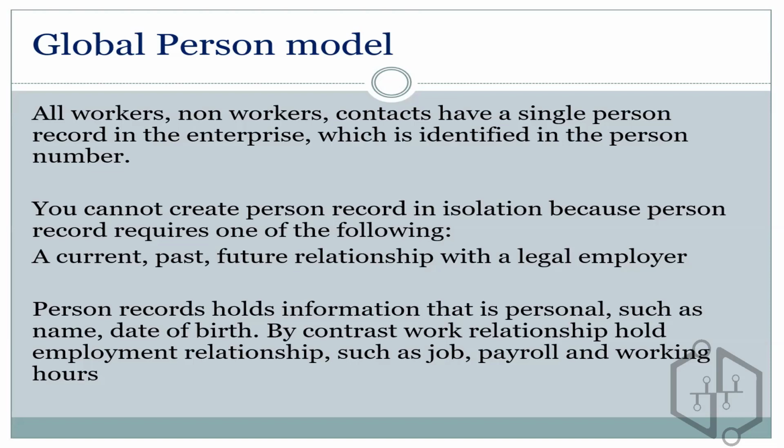So you cannot create a person record in isolation, because a person record requires one of the following: a current, past, or future relationship with the legal employer. So they should have been assigned one assignment, right?